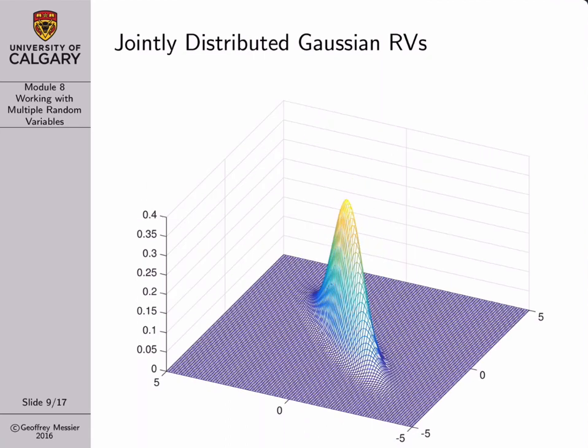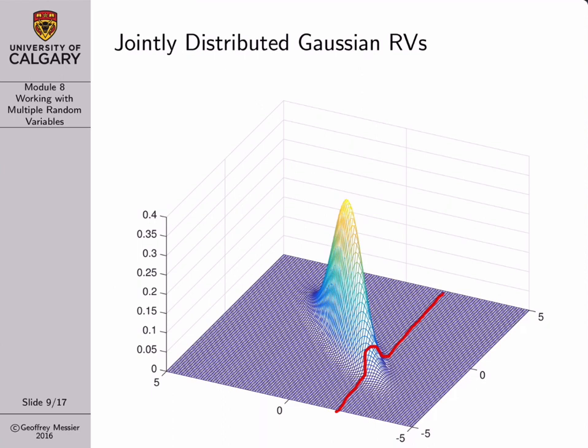This is the PDF that results when I increase the covariance between the random variables. I think that this one is equivalent to a correlation coefficient of about 0.8. So we can see that when one random variable has a negative value, the distribution for the other one tends to concentrate in the negative range as well.